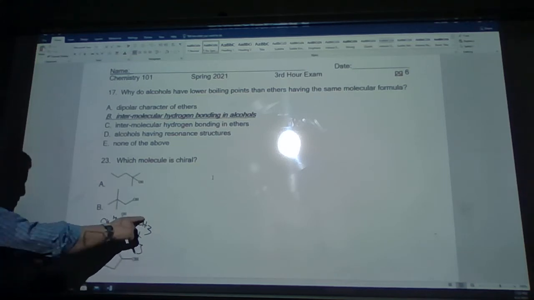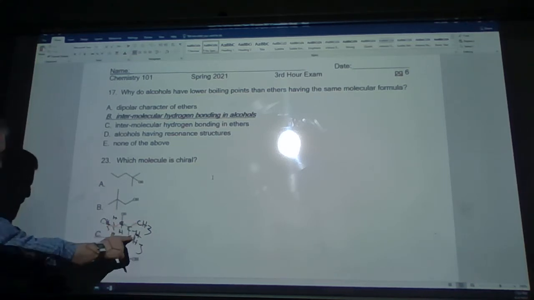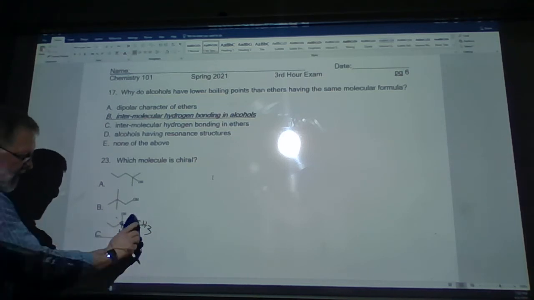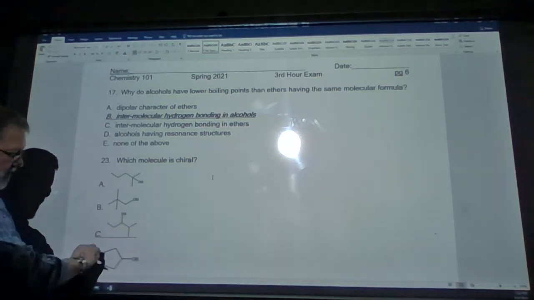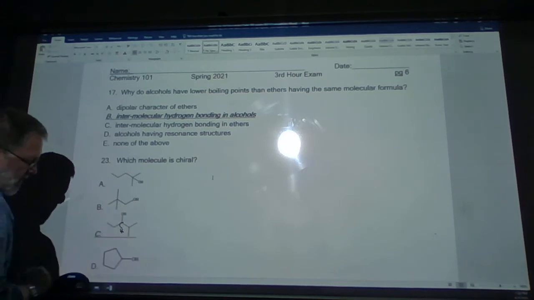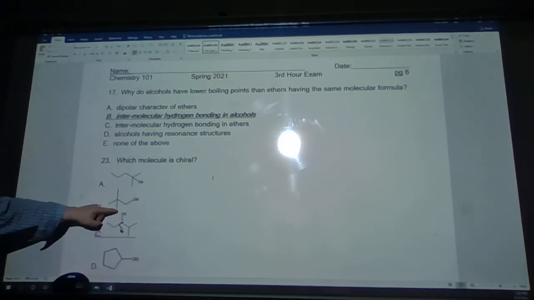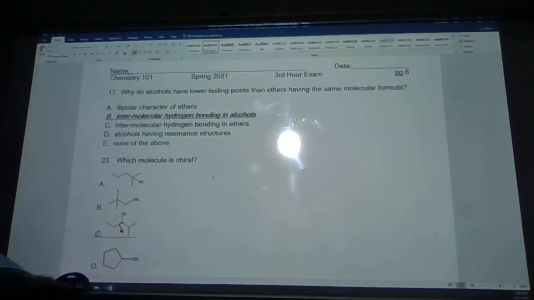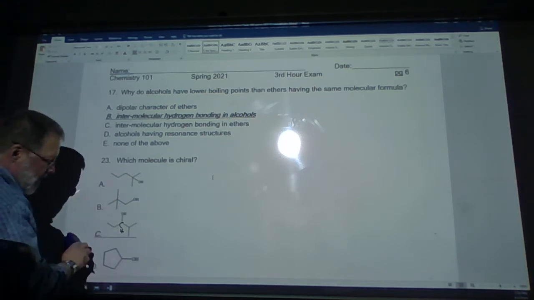This carbon is attached to two identical carbons. So all of these guys are not chiral, but this carbon is. It's attached to an oxygen, a hydrogen, a 2-carbon fragment, and a 3-carbon fragment. So that carbon is chiral, therefore molecule C is chiral.